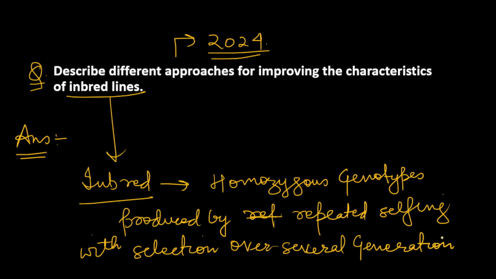So what happens when we keep doing repeated selfing for several generations?